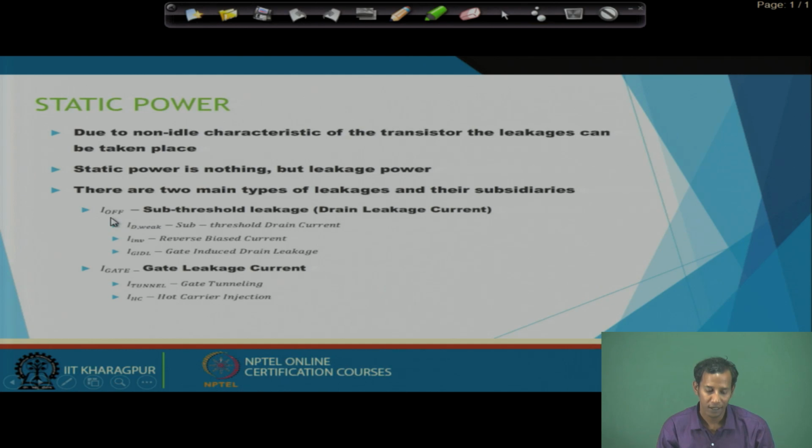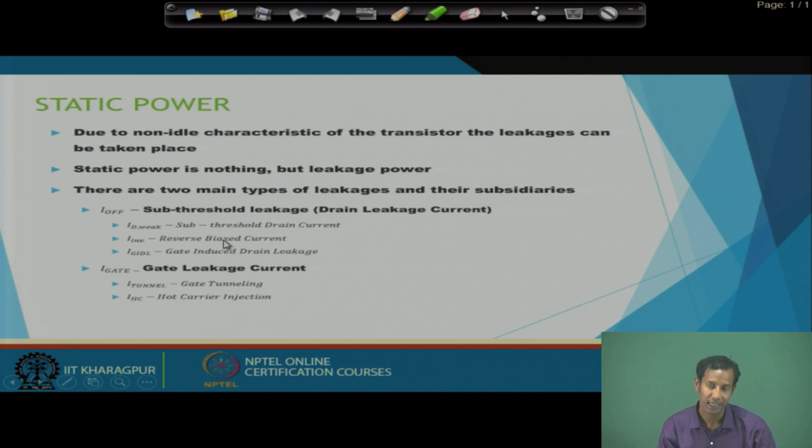I off is the subthreshold leakage or drain leakage current. It mainly depends on the contribution of I d weak, which is the subthreshold drain current, I inward, which is the reverse bias current, and IGIDL, which is gate induced drain leakage.